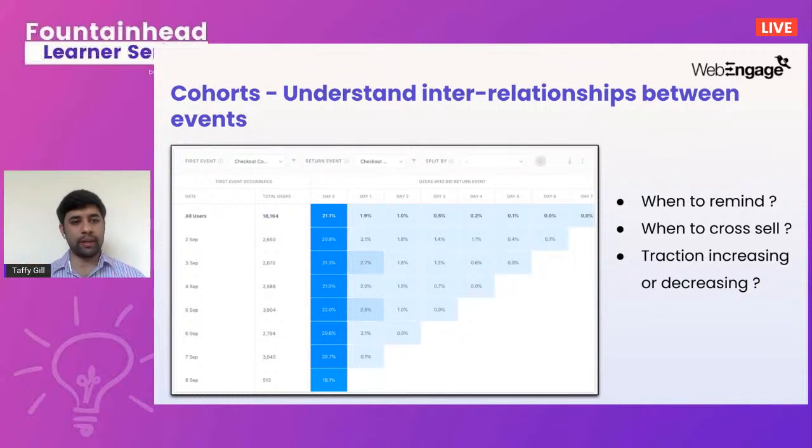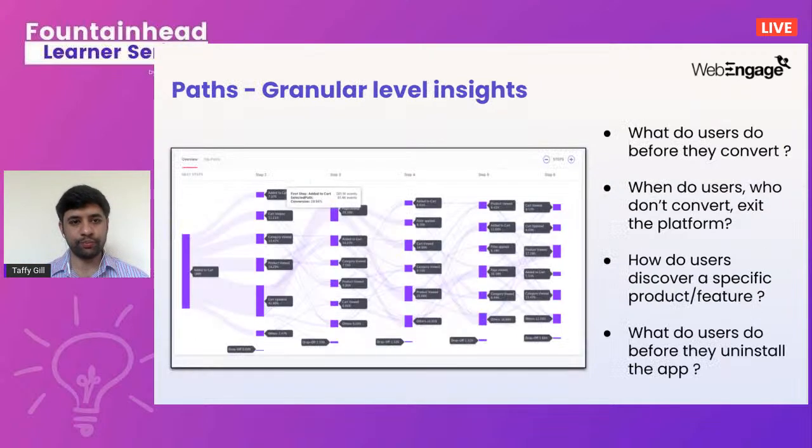So if I want to ascertain when would be the right time for me to send a reminder communication to a user who has, let's say, purchased a 15 kg rice bag, what you can do is simply create a cohort of users who did a checkout completed for a bag of rice, with the return event of checkout completed for the same bag of rice. And depending upon the data that loads, you'll easily be able to identify the average trend based on which that repurchase communication needs to be sent across.